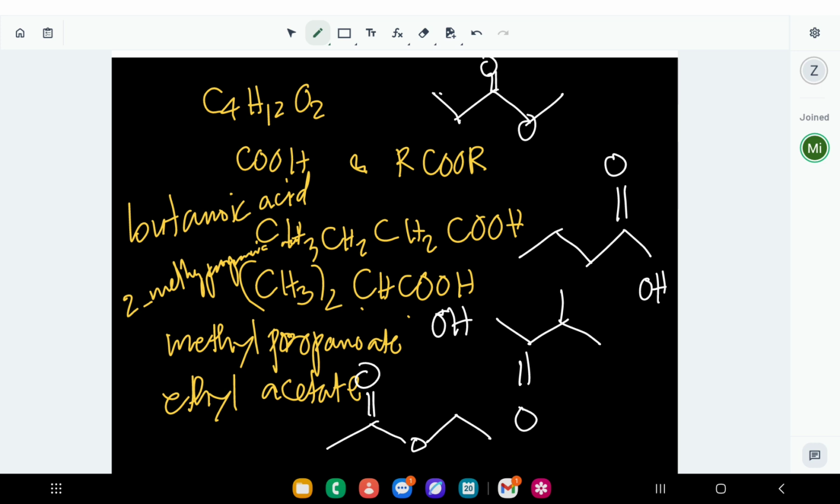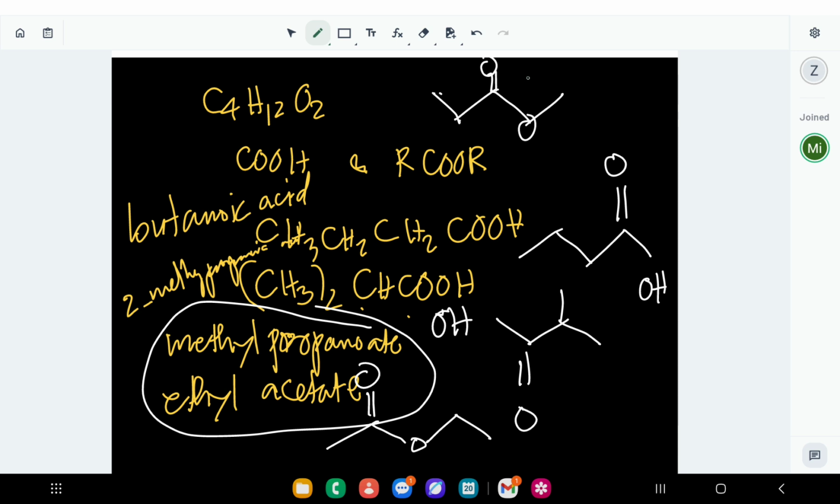And the second one, less acidic. So we choose the ones which are esters, the methyl propanoate and ethyl acetate, the third and the fourth one. So they are least acidic than the carboxylic acids.